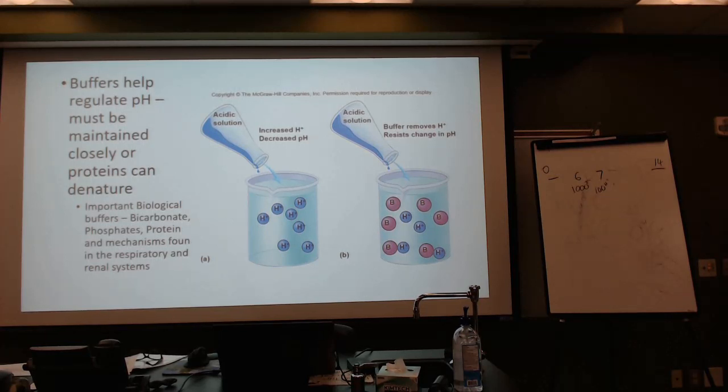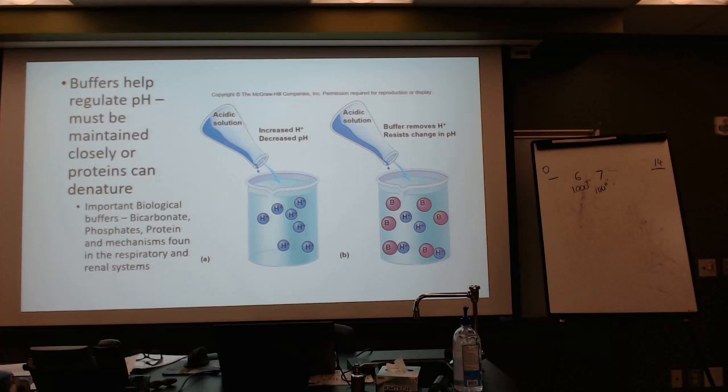Because your systems, such as your heart, your lungs, your kidneys, your liver, are going to be working to try to affect that high acidity, as well as your brain, your nervous system. Things are going to go wrong. So pH, that concentration of the H pluses, is very important.